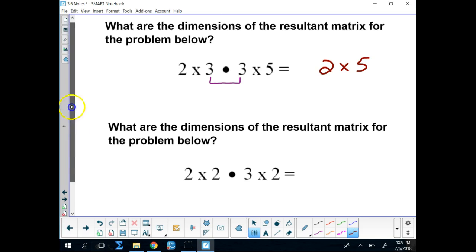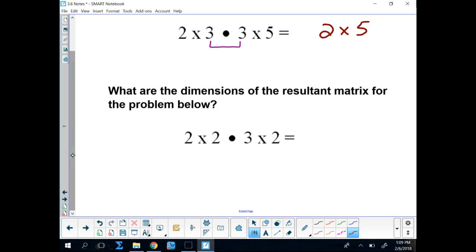Can I multiply a 2 by 2 matrix by a 3 by 2 matrix? No. My middle two numbers are not the same. So it is not possible.